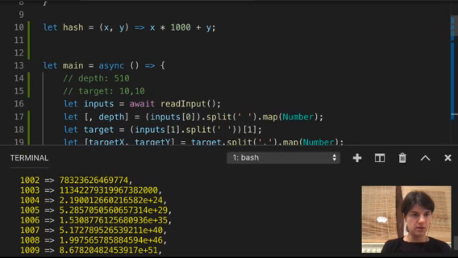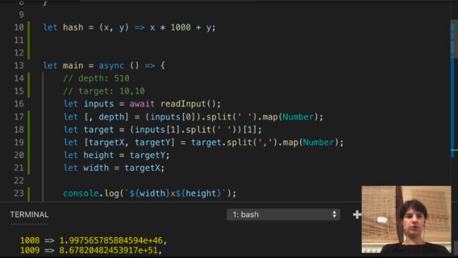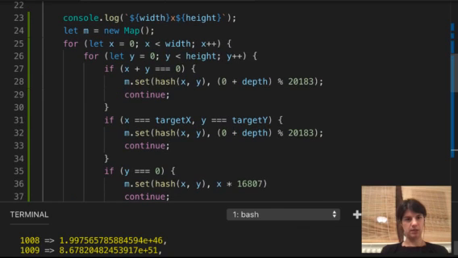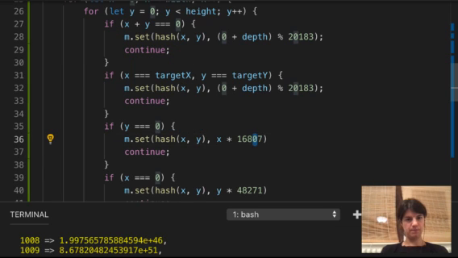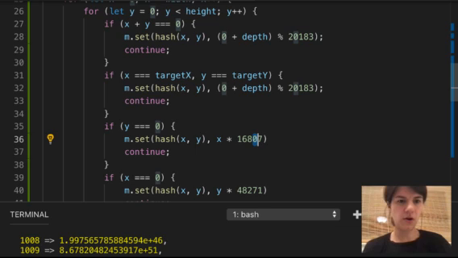So one thing I could do is use JavaScript's big integer. That should help me with these big numbers. This shouldn't be a problem. The other thing I might be able to do is maybe these multiples have something in common that I could factor out.